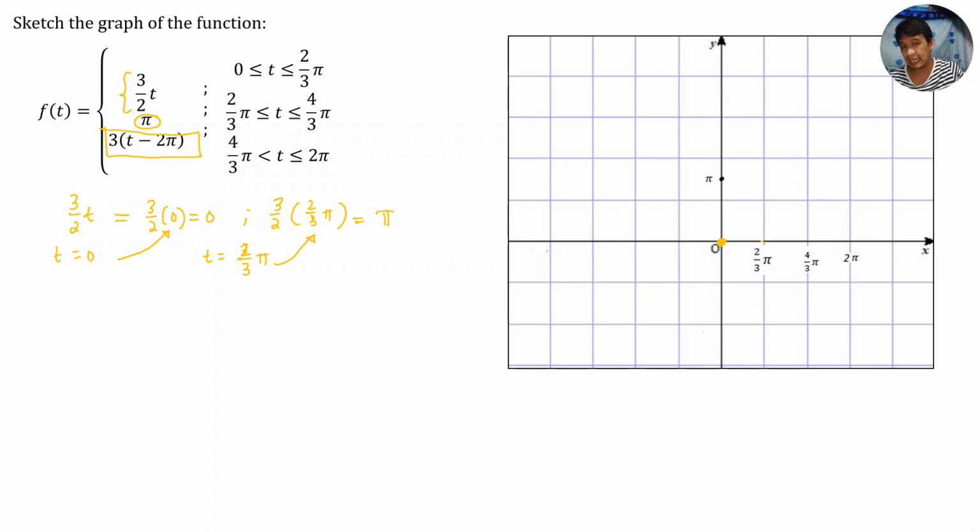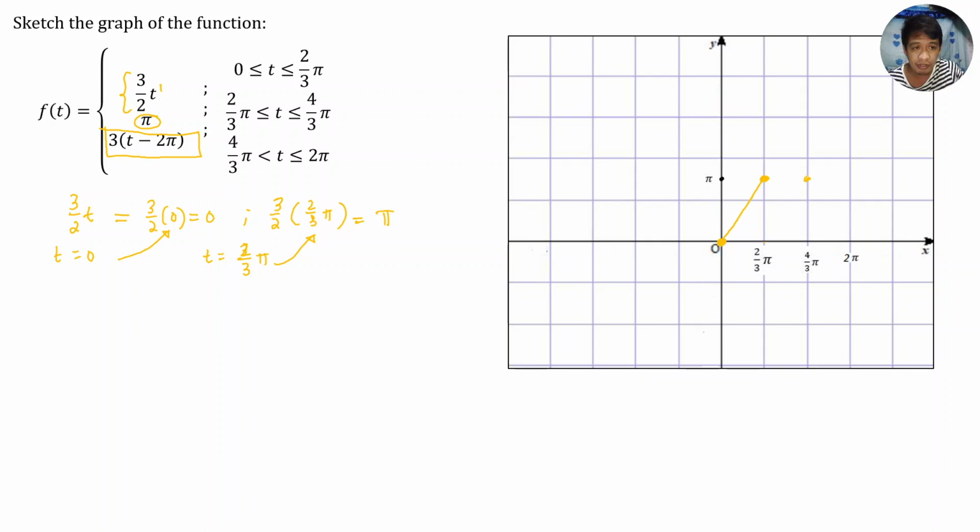So, since this is an equation of a line, kasi meron tayong first degree, pagdidikitin lang natin yung 2 points, it forms a line. Then, for the second piece, it is always pi for this given interval. So, that's the graph of the second piece.